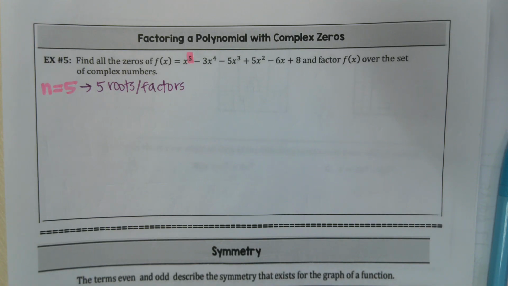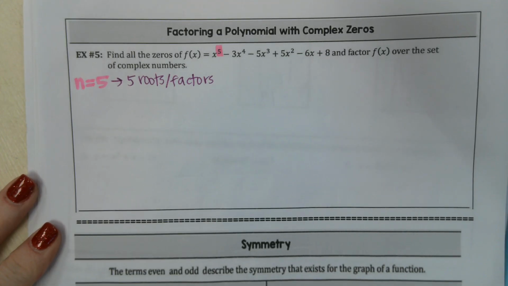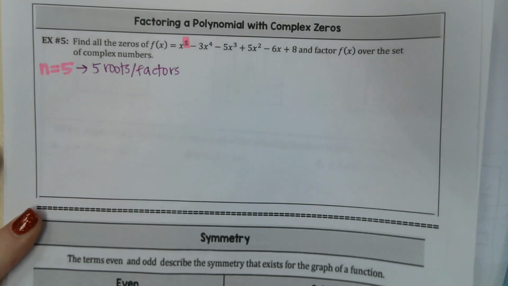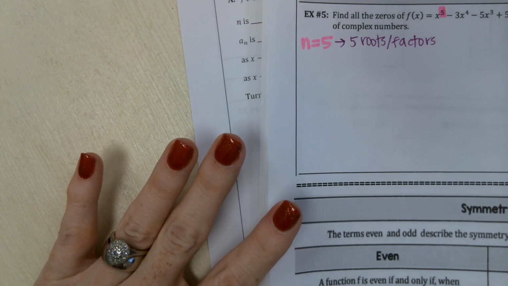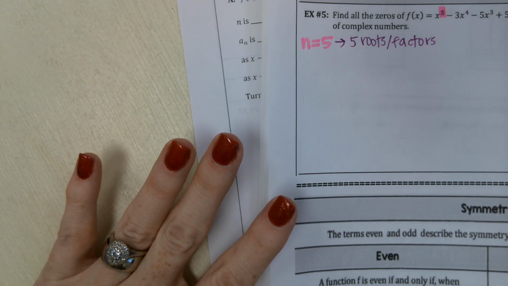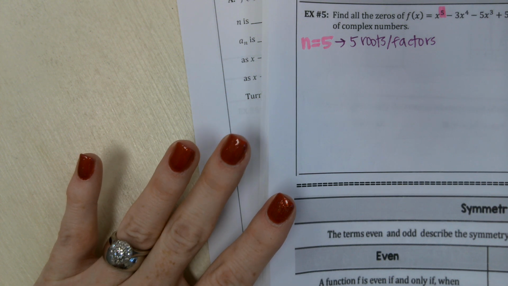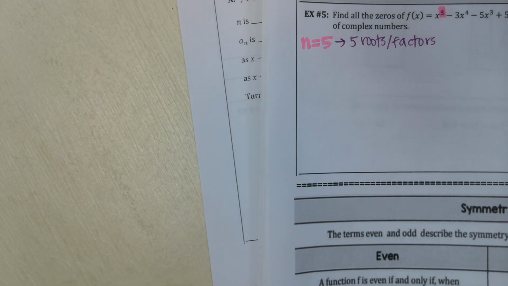So, I am going to go to Desmos, and I'm going to type in my function real quick. Let's see. All right, y'all call that out to me so I don't have to keep looking up. X to the 5th.